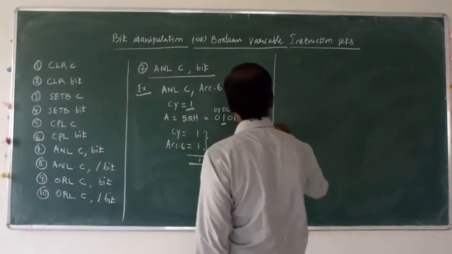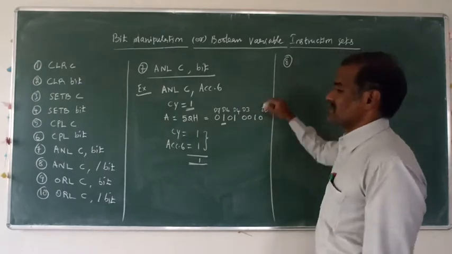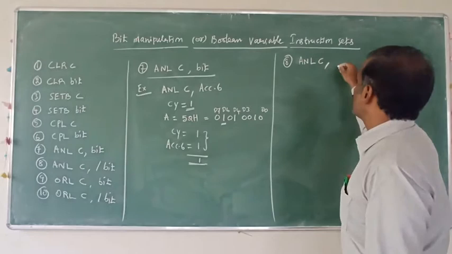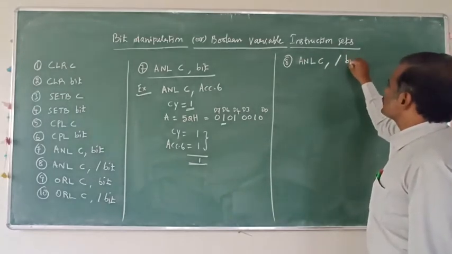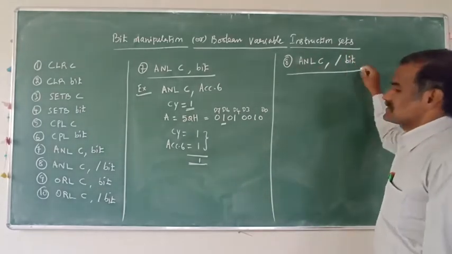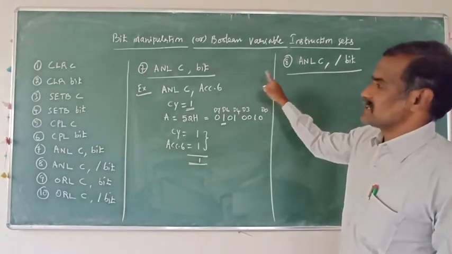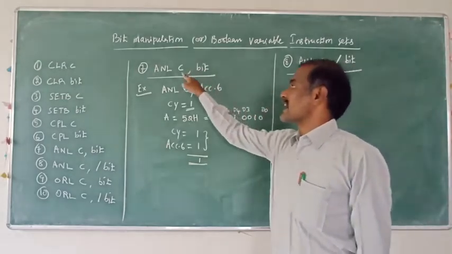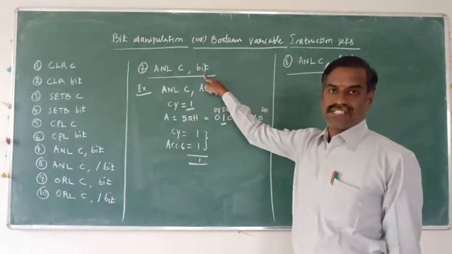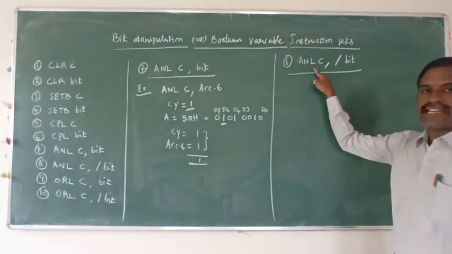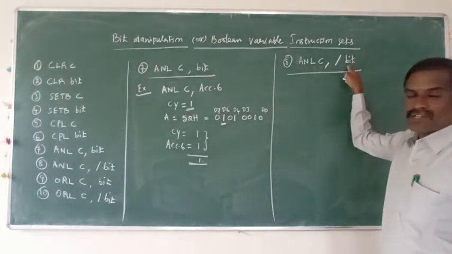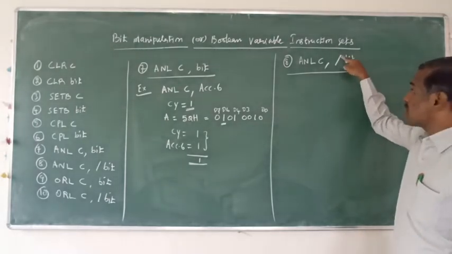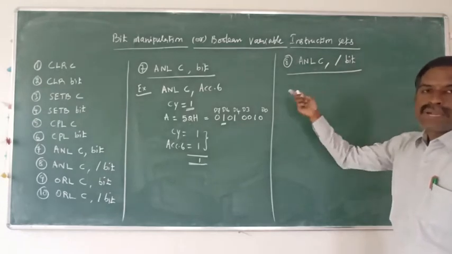Next one, ANL C comma slash bit. What is the difference between these two? Both are logically AND carry with that particular bit, and this is also logically AND carry with that particular bit, but here slash means we have to complement.